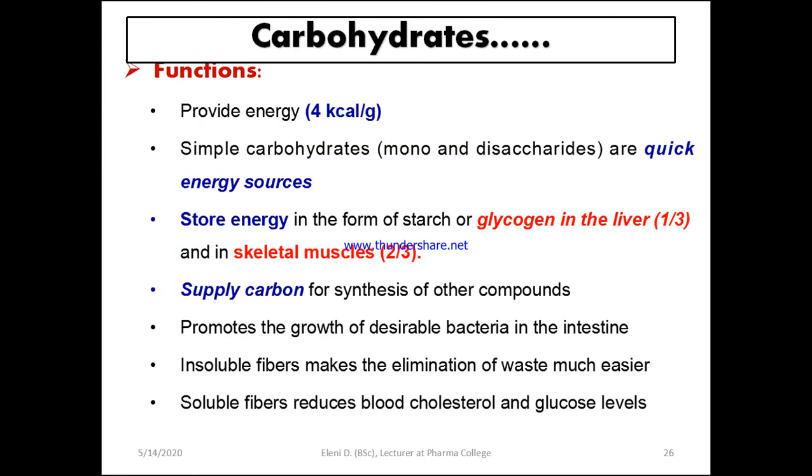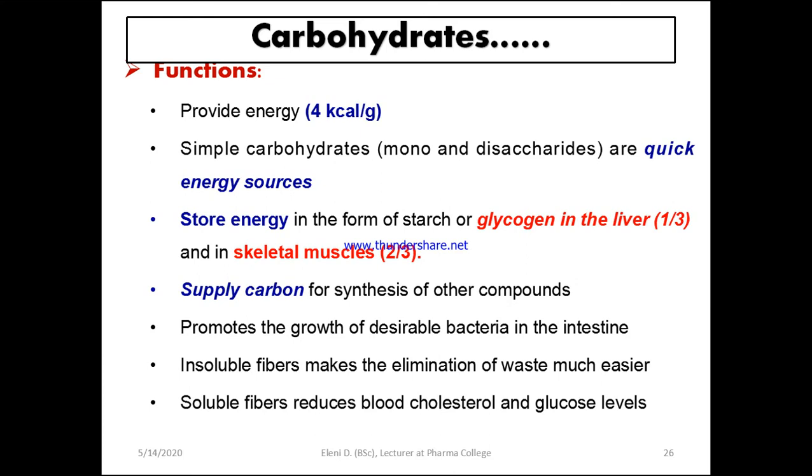When we come to the functions of carbohydrates, they provide energy of 4 kilocalories per gram, as do proteins. The simplest carbohydrates, the mono and disaccharides, are quick sources of energy.